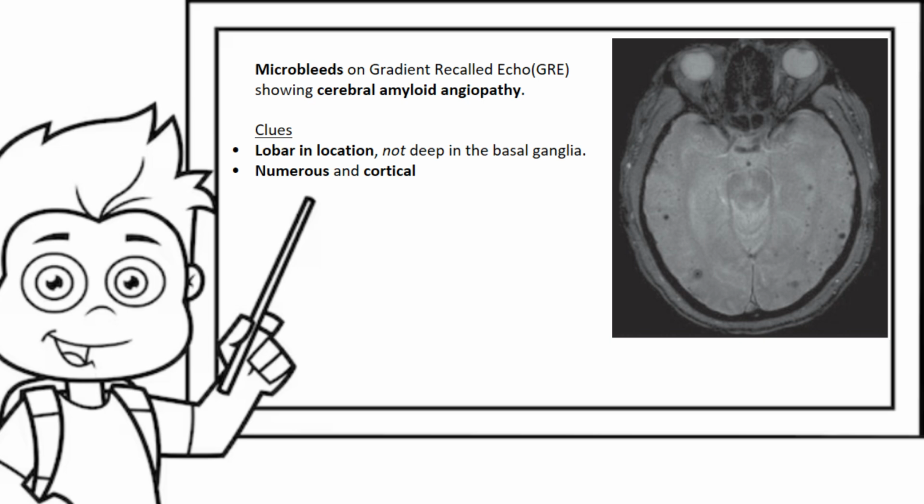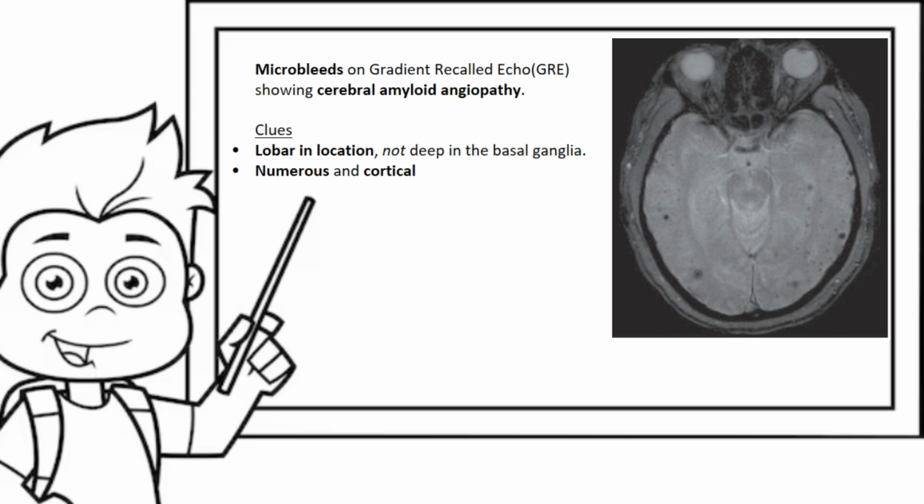Well, the distribution matters. These spots are in the lobar region. They are not deep in the basal ganglia or in the brainstem, and that rules out hypertensive microbleeds. They are numerous, they are cortical, and this suggests a vessel pathology that lies in the cerebral cortex small arteries, which is a hallmark of amyloid angiopathy.